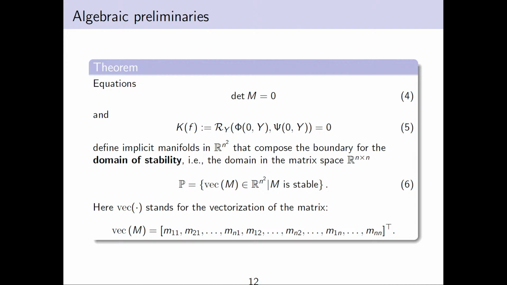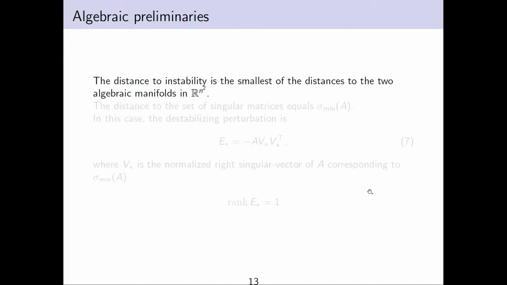One of them defines the set of singular matrices, and the other defines the set of matrices having a pair of eigenvalues of opposite signs. So we need to find the smallest of the distances to these two algebraic manifolds.